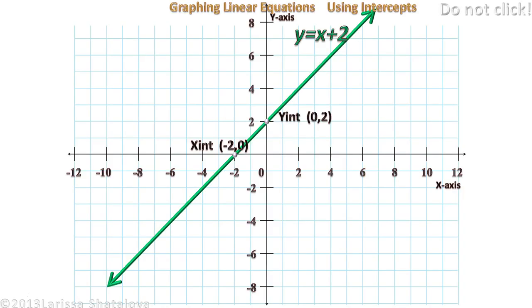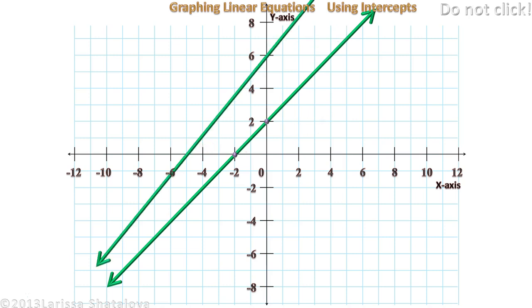Practically, each line has an x and y intercept, or at least one of them. Let's look at the next example. The x-intercept is -5 and the y-intercept is +6. Next example. The x-intercept is +2, the y-intercept is -2.